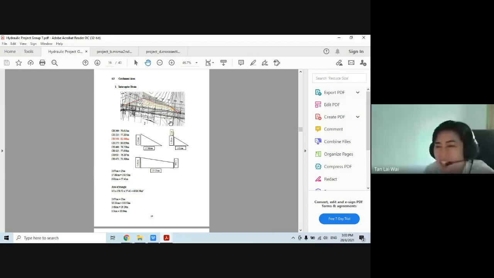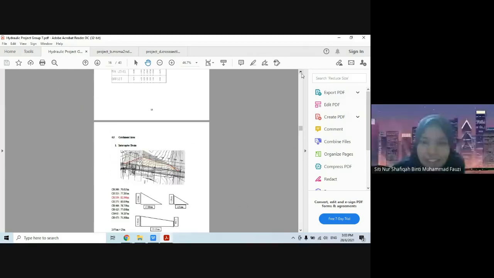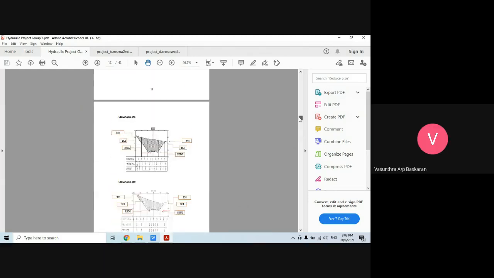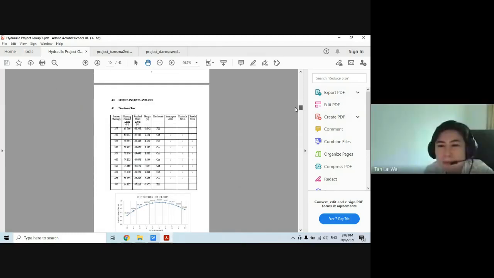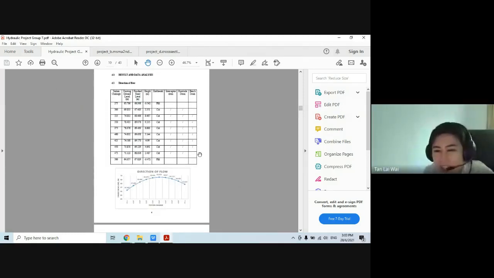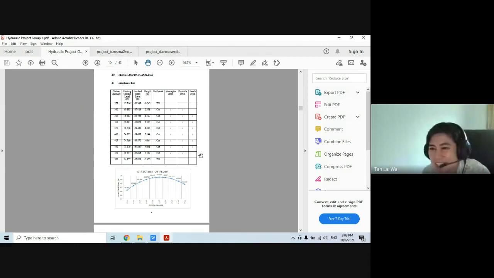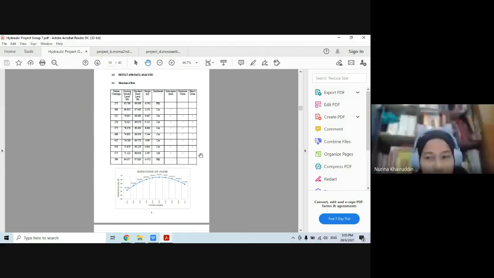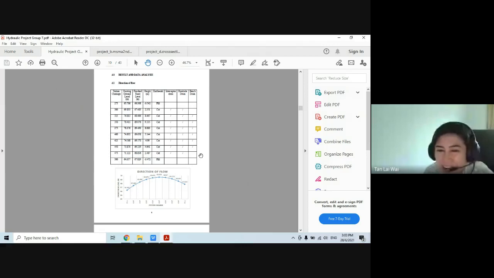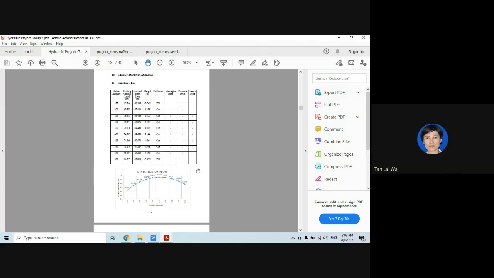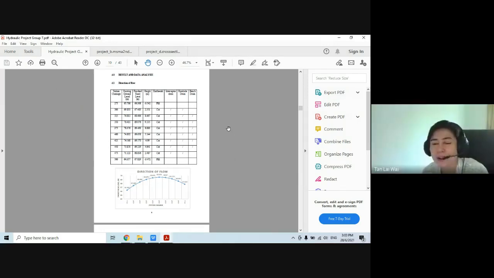Graf tadi, Syafika, atas lagi. Nampak tak ni? Ini direction of flow untuk interceptor ke untuk roadside drain? Nak tanya graf ni yang ada direction of flow ni, adakah berdasarkan tahu arah aliran untuk interceptor drain dan roadside drain?